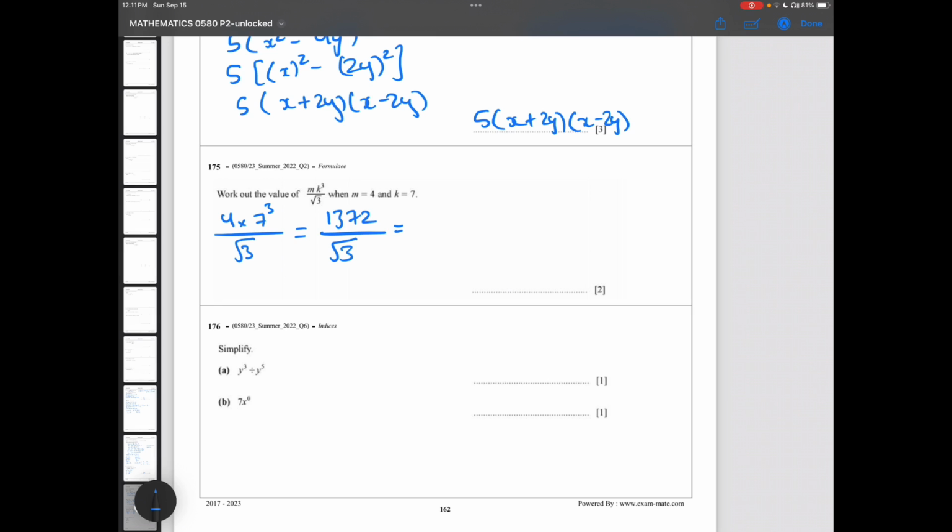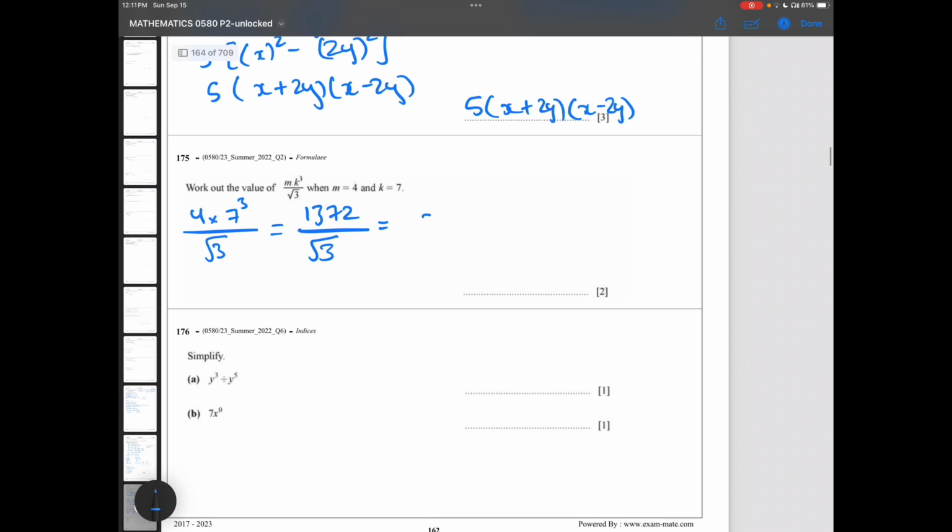Now we can divide these two values easily using a calculator. The answer I get is 792.12.